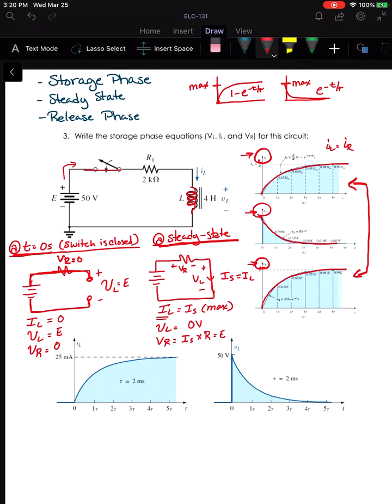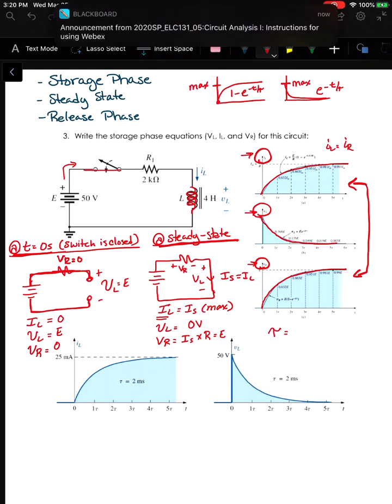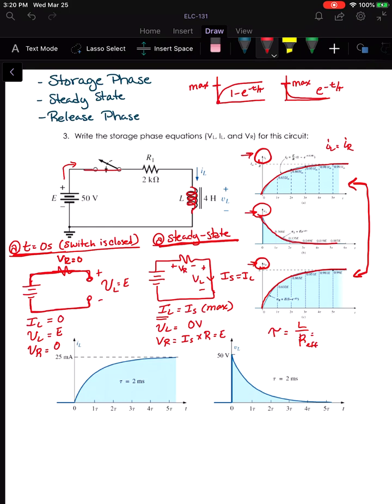Okay, so we're going to write our equations, and the next thing I need to share with you is how to calculate tau for an inductor circuit. The way we'll do that is we divide the inductance by the resistance, or the effective resistance of the circuit. So the inductor value in the problem shown above is 4 henries, and we have 2 kiloohms of resistance.